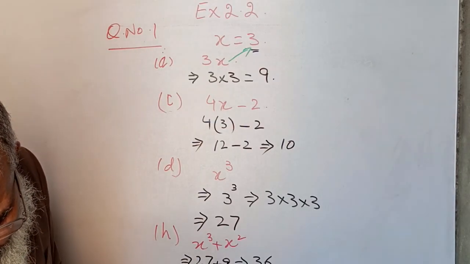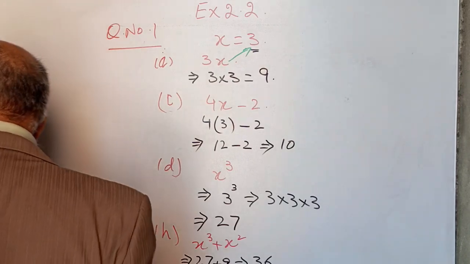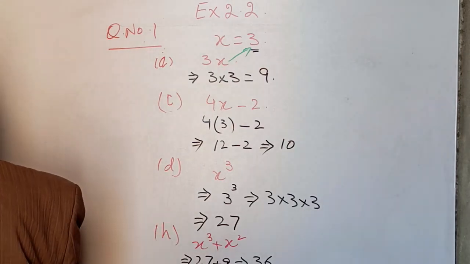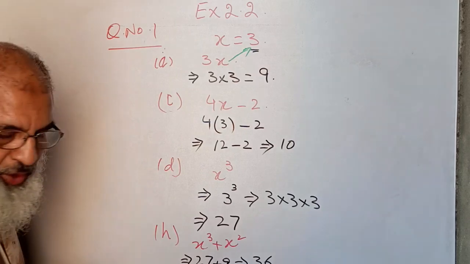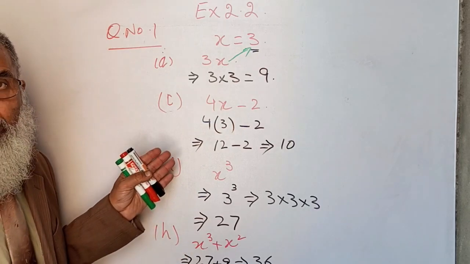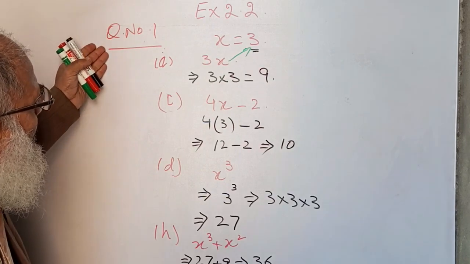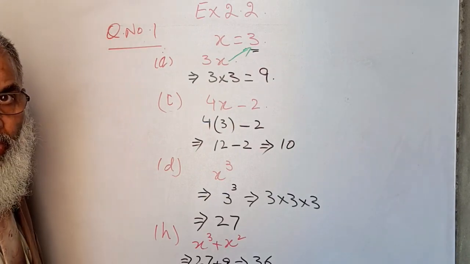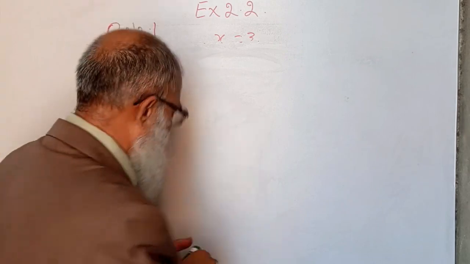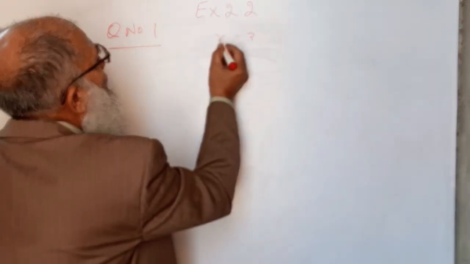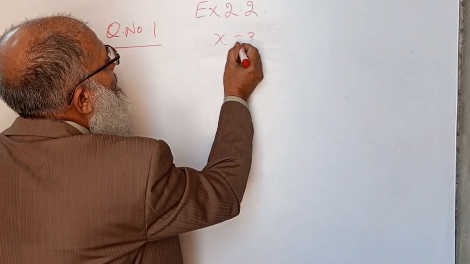We'll be doing one or two parts from this question. We'll be doing two parts more from this question number one, and then we'll proceed to question number two. X is still 3 over here.